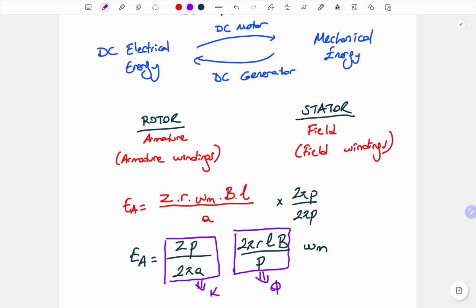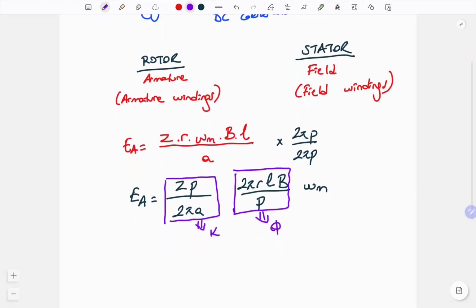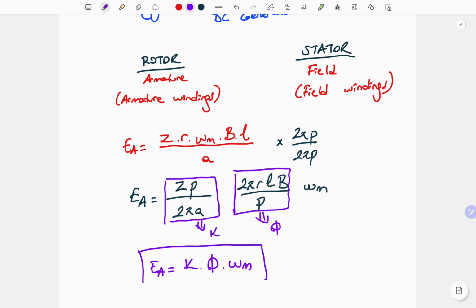So again, it will be the second parameter of the induced voltage equation, and then the velocity. So we can write this equation as K, the machine constant, times flux, times Wm, which is the velocity. So this is an important expression.